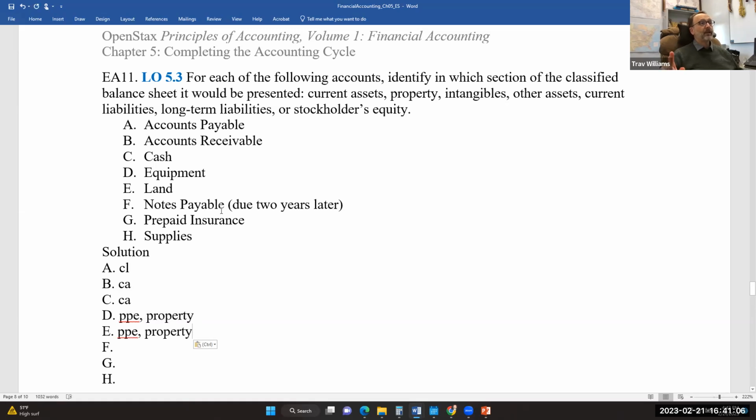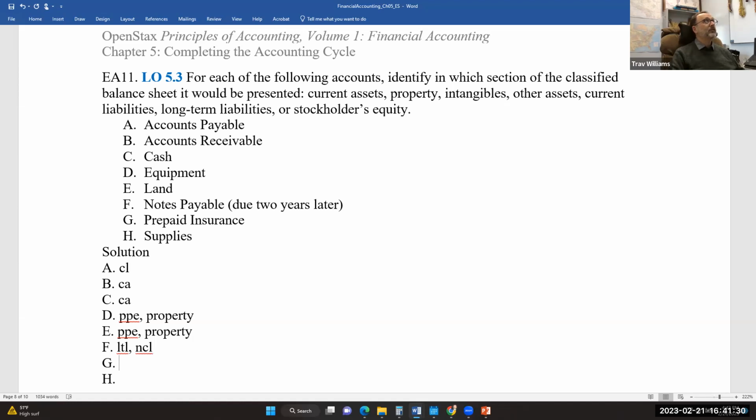F, a note payable due in 2 years. So that's a liability, but it's also long-term because it's not due until after this year. So I'll put a long-term liability. You could also call it a non-current liability. Same thing, just two different ways to call it.